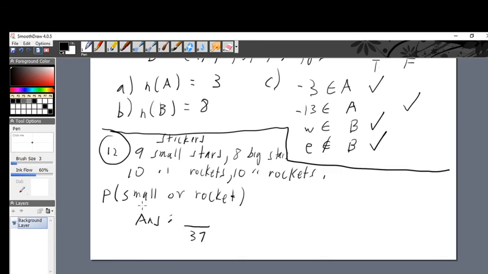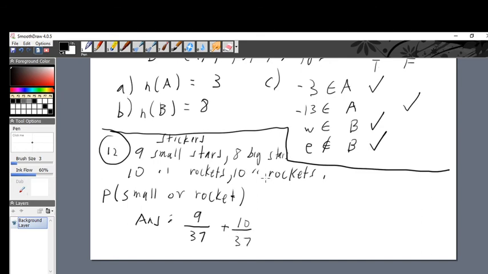So now, small. The small stars count for us. In other words, is that what we're interested in? Yes, and there's 9 of them. Right? Small or rocket. Are we interested in the big stars? No. It's not a rocket, and it's not small, so forget it. Are we interested in the small rockets? Absolutely. It's both small and a rocket, so we're interested in those 10 out of 37.